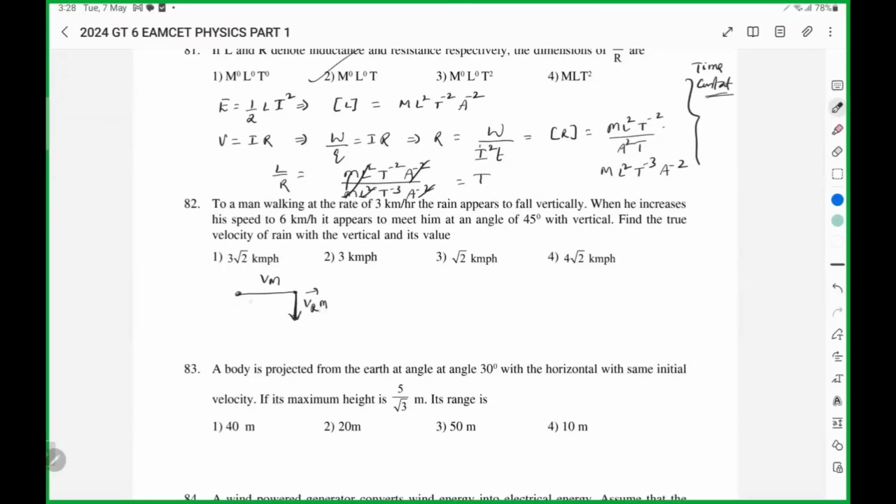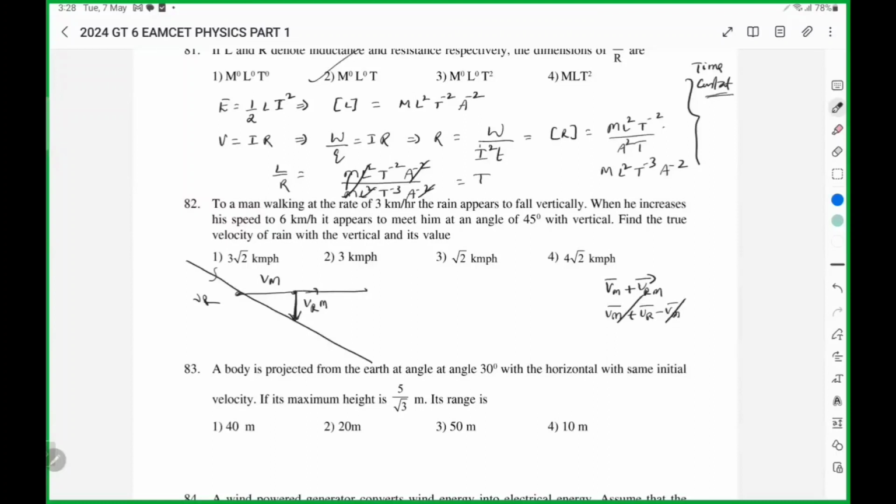So for the true direction of rain, it is the velocity of man plus the velocity of rain with respect to man, which gives the velocity of rain. So we get the true direction of the rain. So rain is falling in this direction.